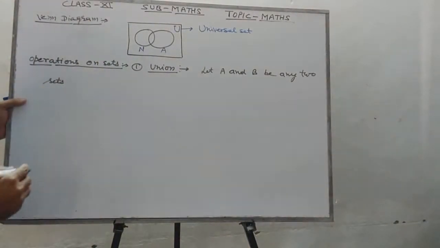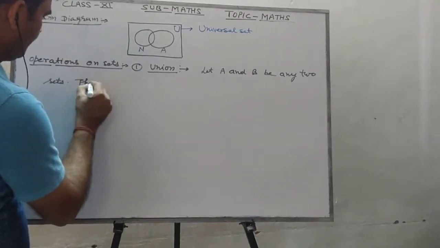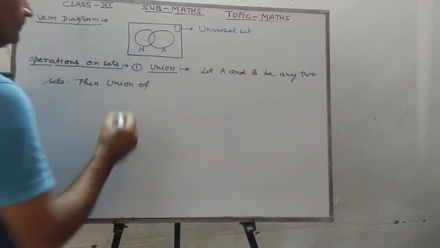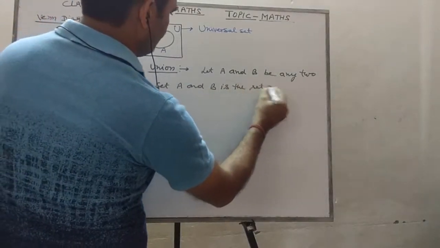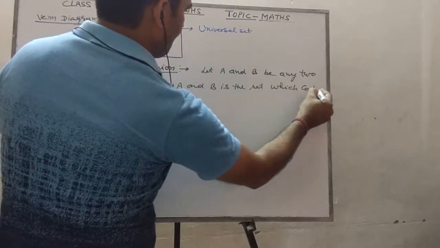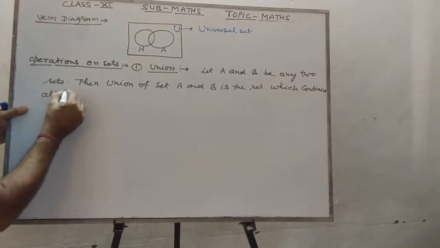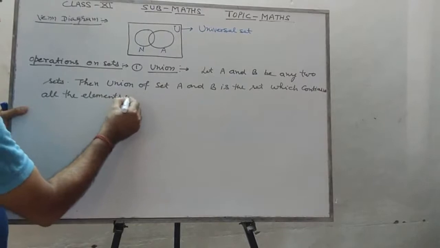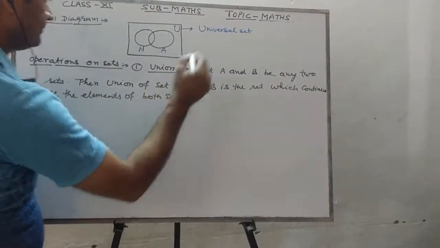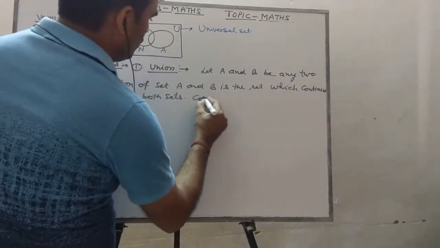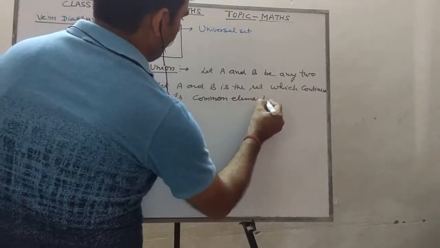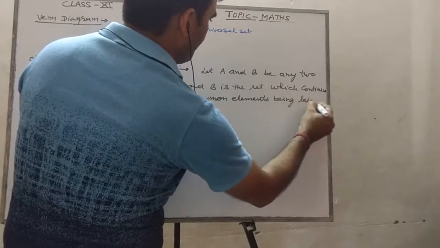Then the union of sets A and B is the set which contains all the elements of both sets, but common elements being taken only once.